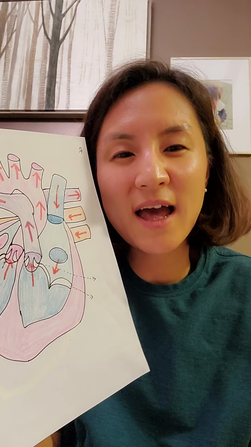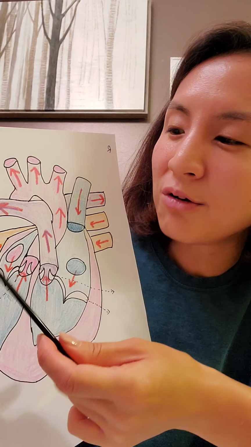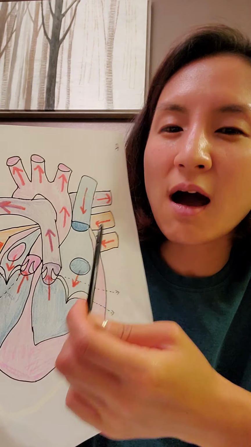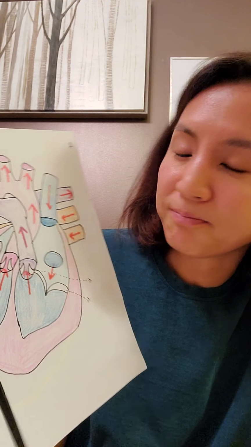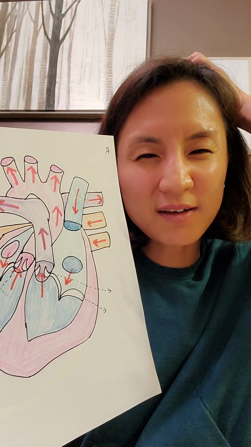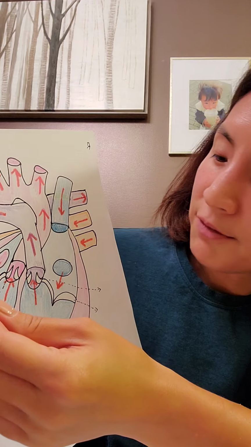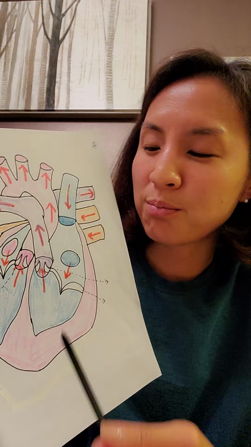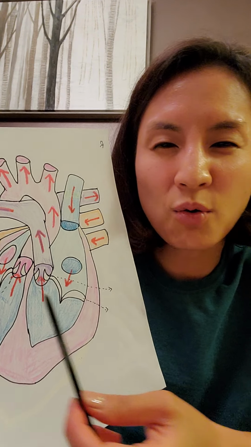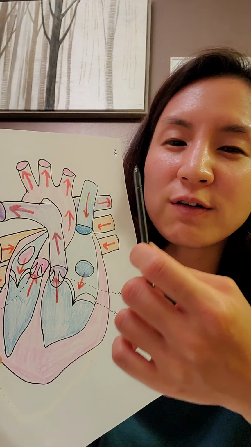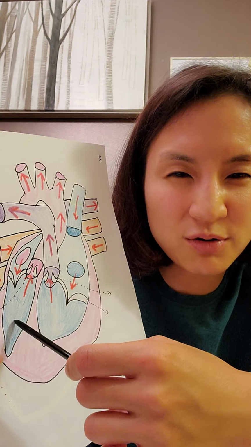So the gas exchange happens there, and now the blood is rich in oxygen and low in carbon dioxide. They are entering the left atrium, through the pulmonary veins here. Then they go through the mitral valve to the left ventricle.